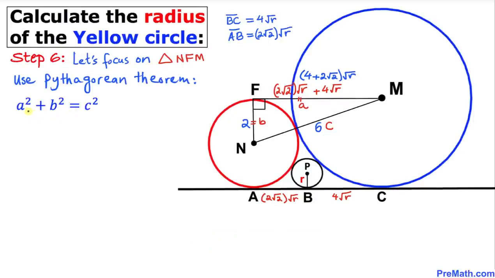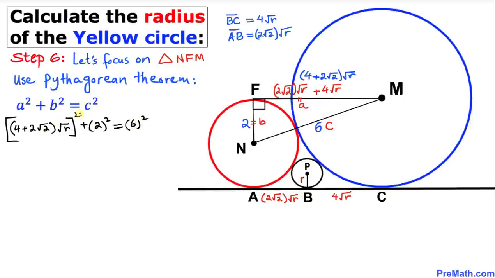Let's go ahead and fill in the blanks. In our case, A is (4 plus 2 times square root of 2) times square root of r, and then this square plus B in our case is 2 square equal to C in our case is 6 square.